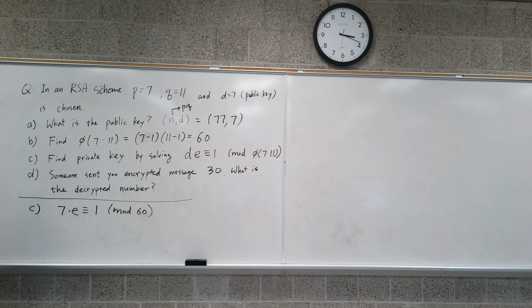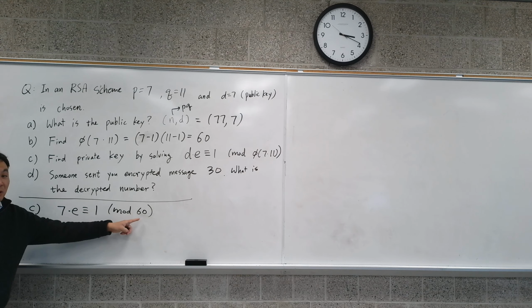Because in a modular system, we don't have division. We can't use fractions. You're only allowed to multiply, so we'll keep multiplying numbers so that this thing turns into a number that's slightly above 60.